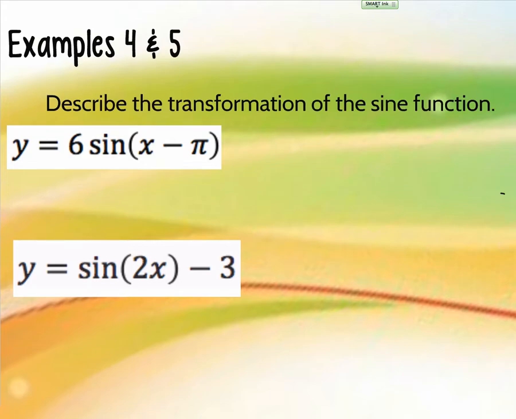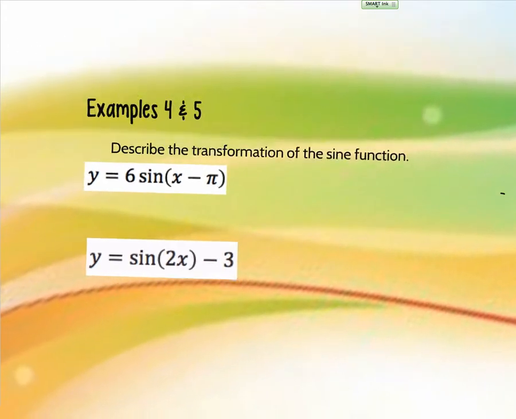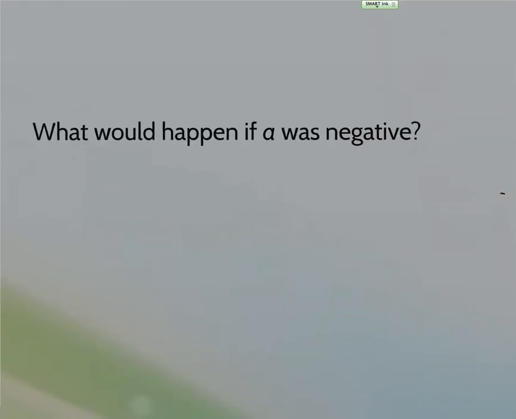So instead of being times by 2, it's a horizontal stretch with a scale factor of 1/2. It'll be actually shrunk in, like divided instead. Yep. And then what's the minus 3 do? Yep, y equals minus 3. So is it going to move it up or down? Down 3.